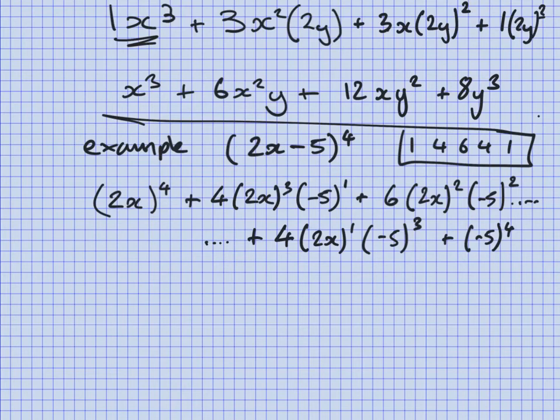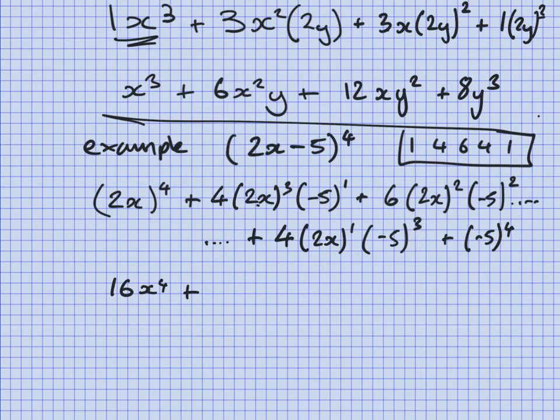So this requires doing some expansions and that kind of thing. So I get 2 to the power of 4 is 16, 16x to the power of 4, plus. Now we need to be a little bit careful here. So 2 cubed is 8. 8 times minus 5 is minus 40.